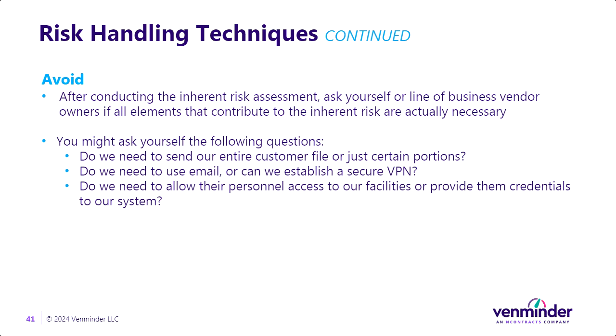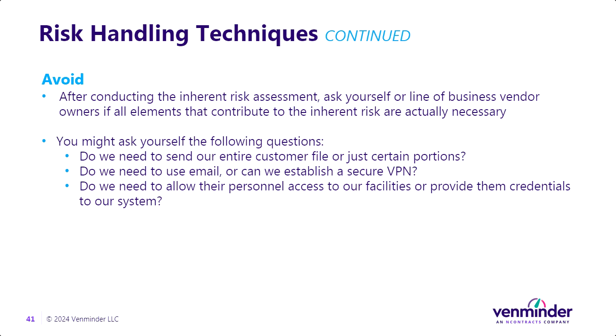That's just an example. There could be other questions, but basically what we're saying is if you've decided that you need to avoid this relationship, but yet it's a competitive reason why you need to have this relationship, so then you need to probably take another look at what is it that you are providing and how can you better pull back some information that you're providing to that vendor.